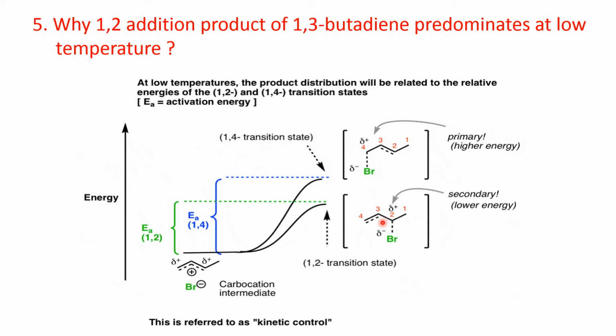As long as the reaction remains irreversible, the reaction will follow this path. That means this reaction occurs through the more stable carbocation, and it is a kinetically controlled reaction, and the product will be the 1,2 addition product. So the 1,2 addition product will predominate at low temperature, and this is referred to as kinetic control.